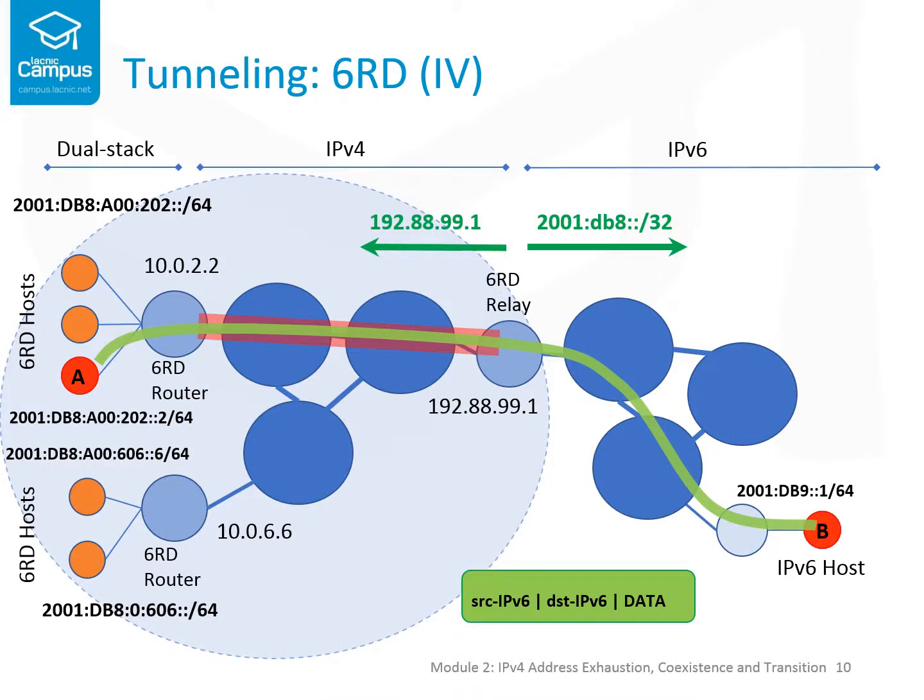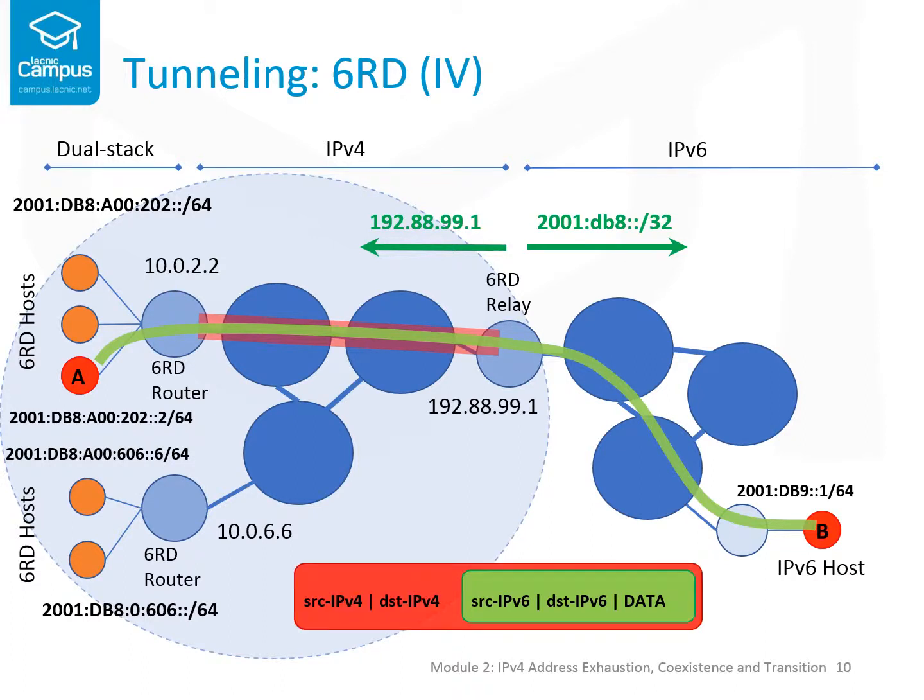Here too, IPv6 traffic is sent to the 6RD router as native IPv6, where it is encapsulated in IPv4. The source address is that of host A. The destination address is a global address of host B. When the 6RD router notices that the destination address does not belong to the prefix used for 6RD, it will encapsulate in IPv4, always using its source IPv4 address and the known anycast address for this 6RD service in the ISP's network as destination address, 192.88.99.1.